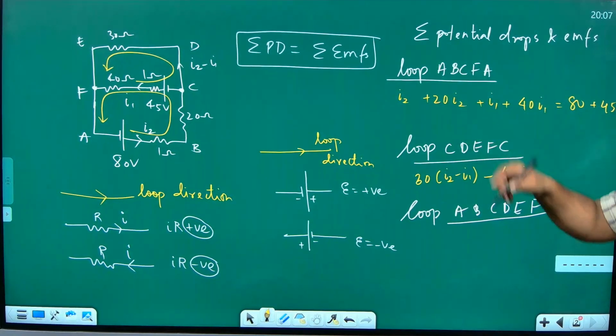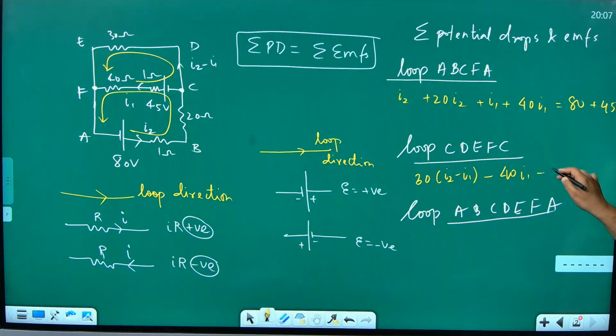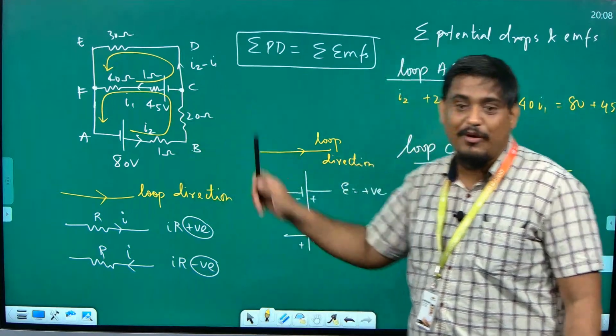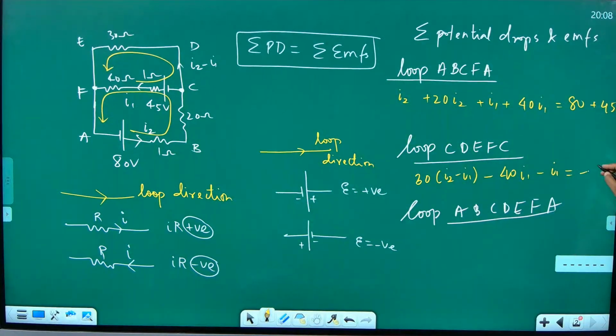What about 1 I1? Minus I1 is equal to how much? Plus 45 or minus 45? Minus 45, because moving from positive to negative. Are you understanding how the equation is being formed? Slowly it will become clear, if not clear also.